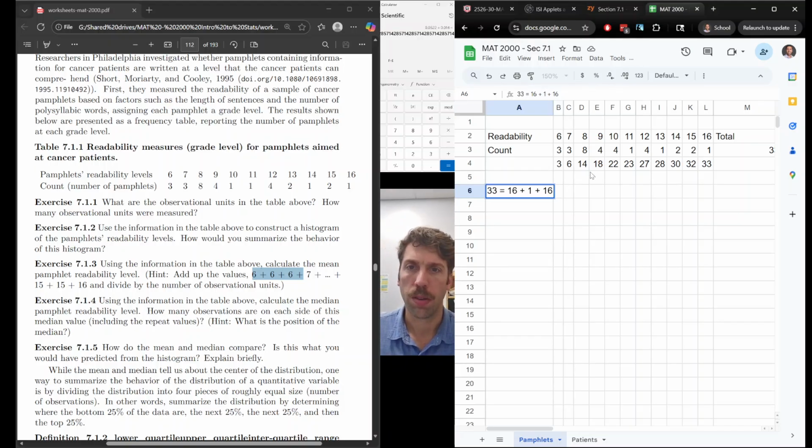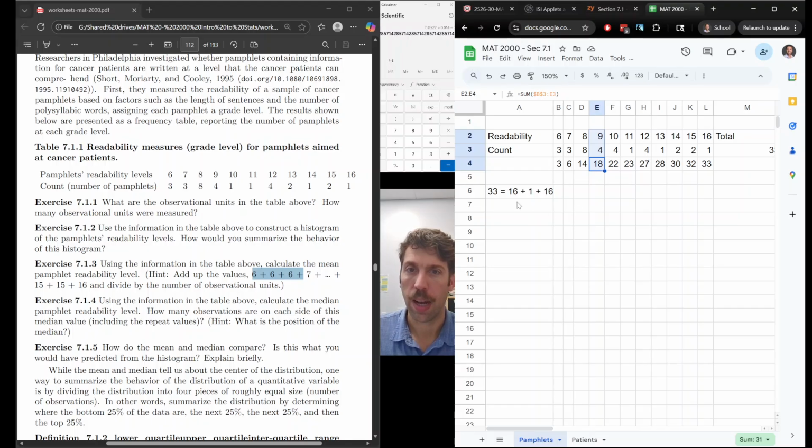Okay, so there are 3 pamphlets that are 6th grade, 6 pamphlets that are 7th grade and under, 14 that are 8th grade and under, and 18 that are 9th grade and under. And so the median, for me, is 9.